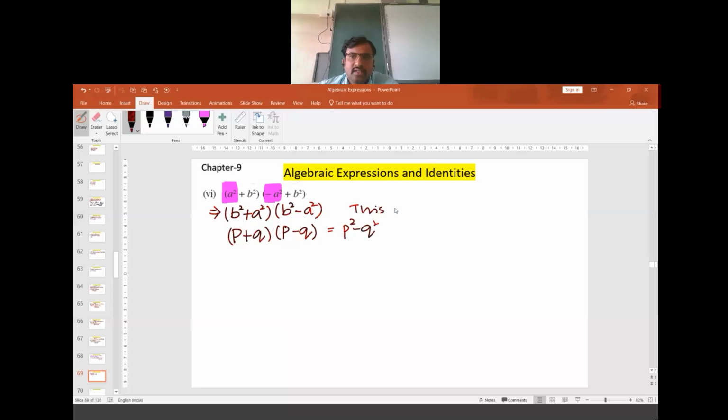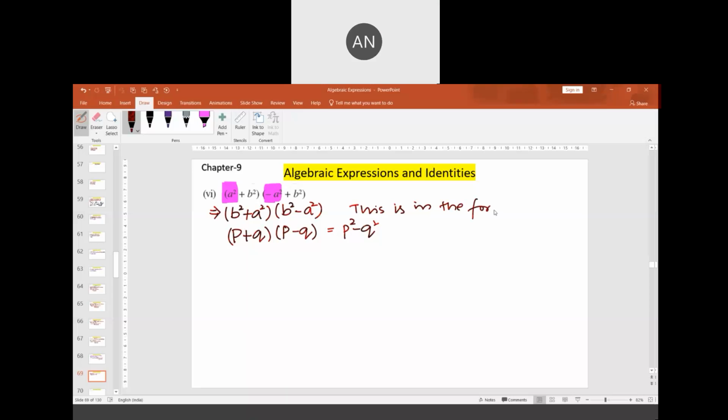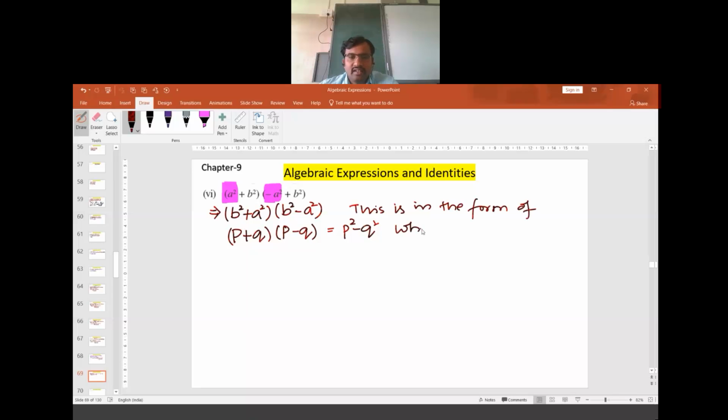So this is in the form of (p plus q) into (p minus q), which is p square minus q square, where p is b square and q is a square.